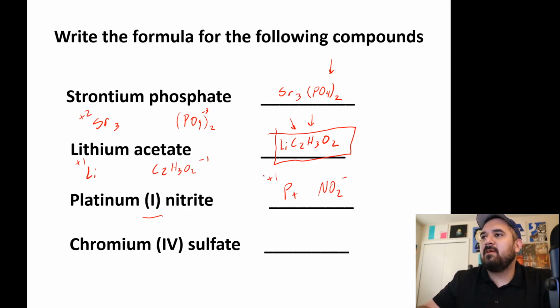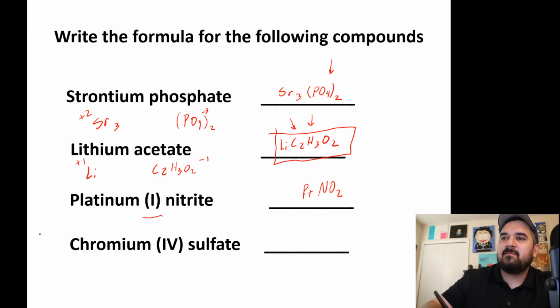I'm going to erase the charges and bring these closer together. So PtNO2. Because we don't have parentheses, it's weird looking, but you're going to need to be able to identify that NO2 is nitrite.